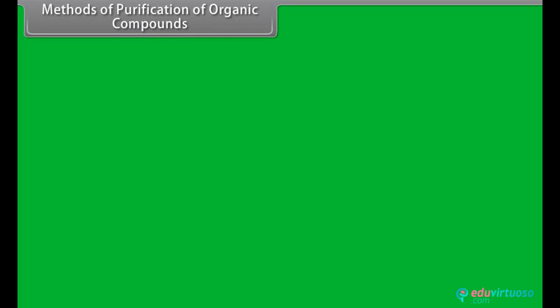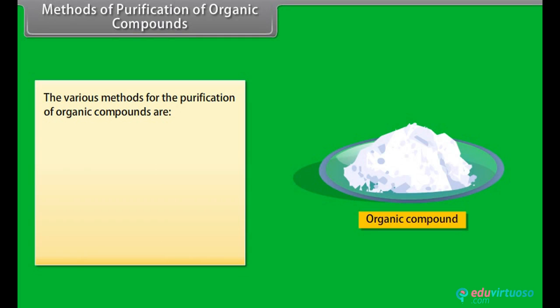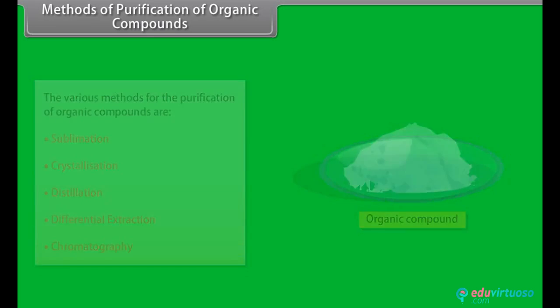Methods of purification of organic compounds: the various methods are sublimation, crystallization, distillation, differential extraction, and chromatography.